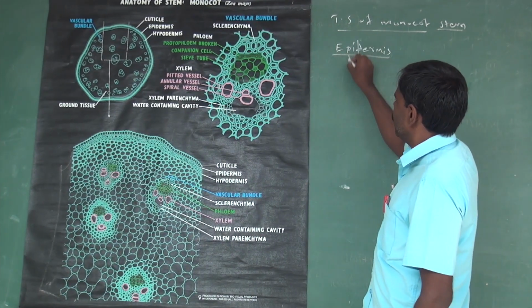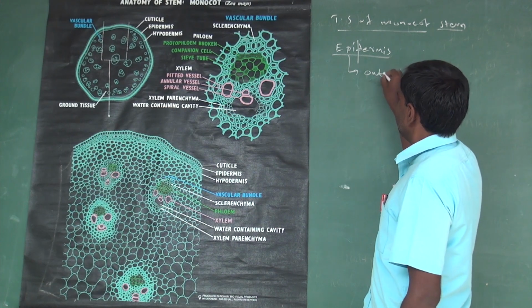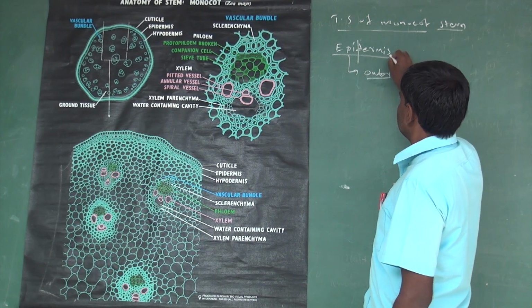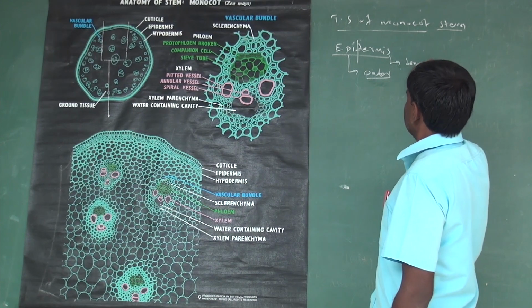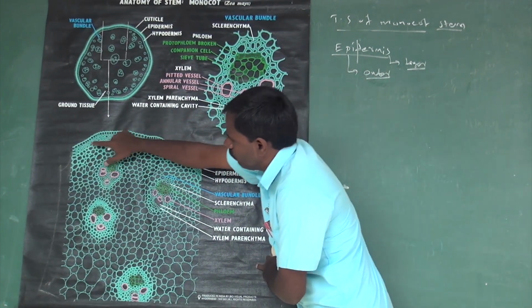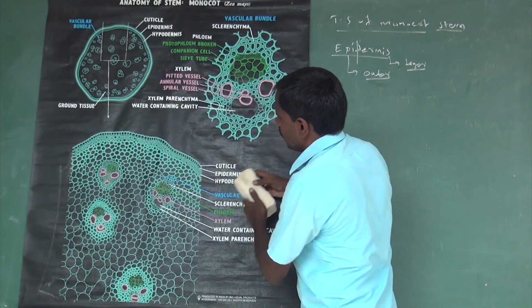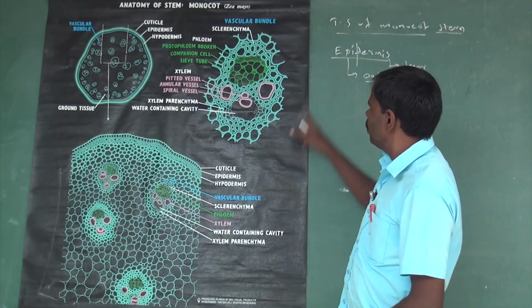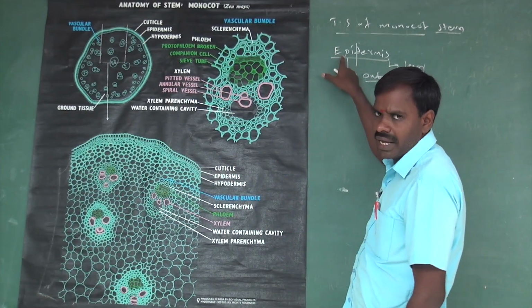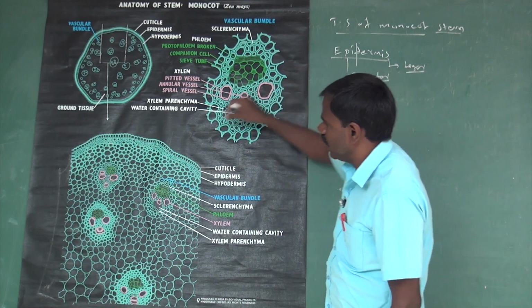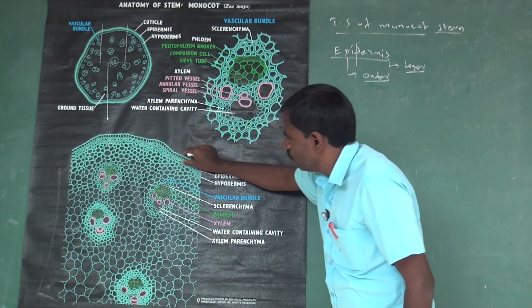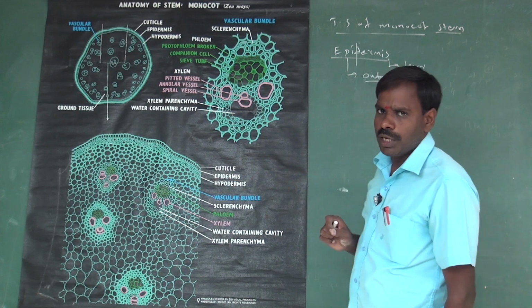Epi refers to outer, dermis refers to layer. It is the outermost layer of the monocot stem, called epidermis.